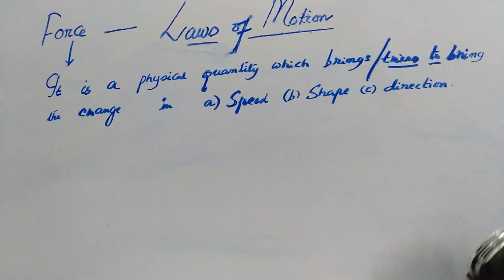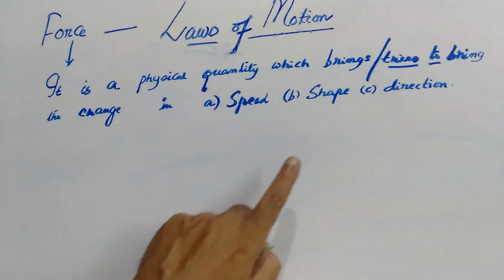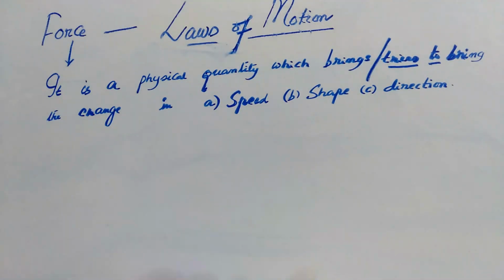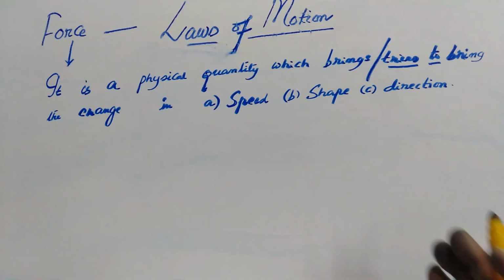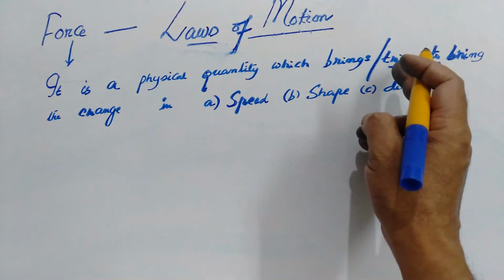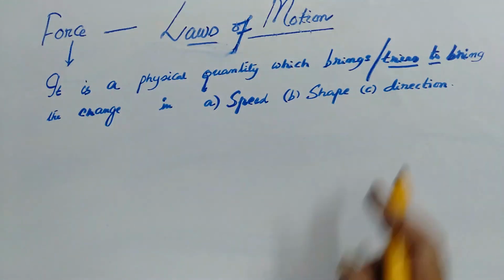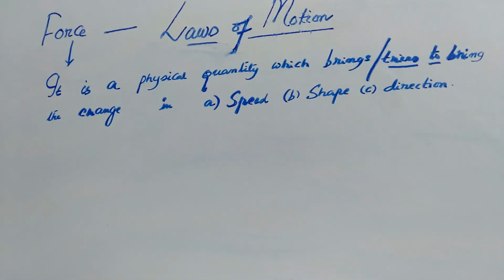So my force sometimes may be sufficient and sometimes may not be sufficient. So this is force. It's a physical quantity which brings the change in speed, shape or direction, or all three. Because sometimes the force is not sufficient, that's why this clause is also to be added there.